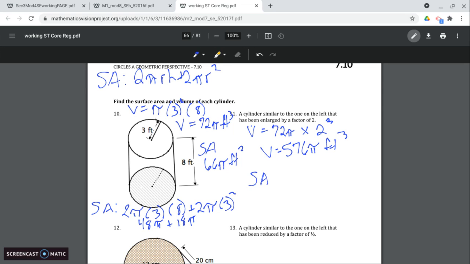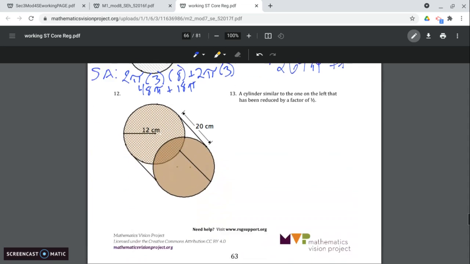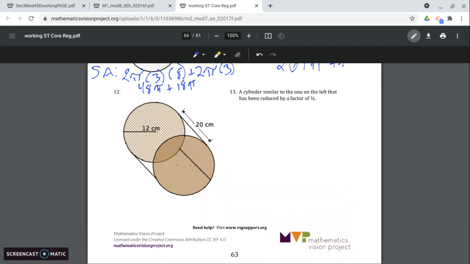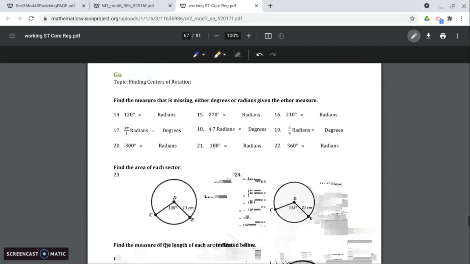And for surface area, we're going to take that 66 pi and multiply it by 2 squared because it's area, so by 4. So 66 times 4 is going to give us 264. So 264 pi feet squared. So same idea for 12 and 13, okay?